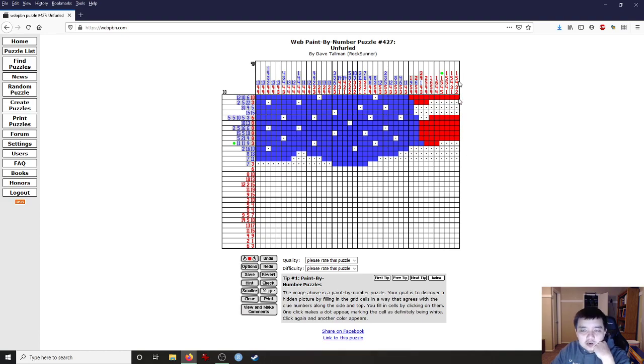I'm going to check this right row. 5 blank 4. Wait, sorry. Got to label what I've already done.